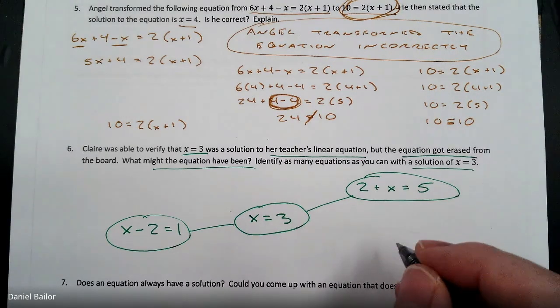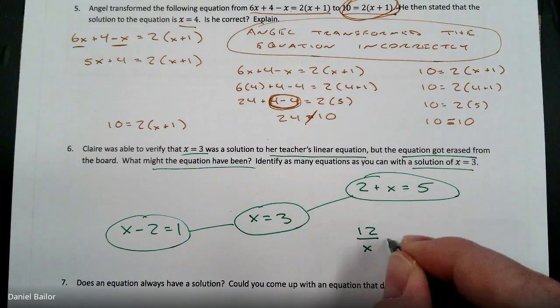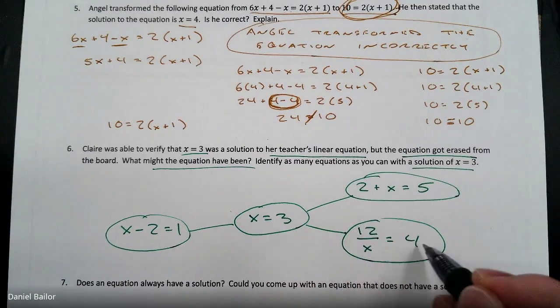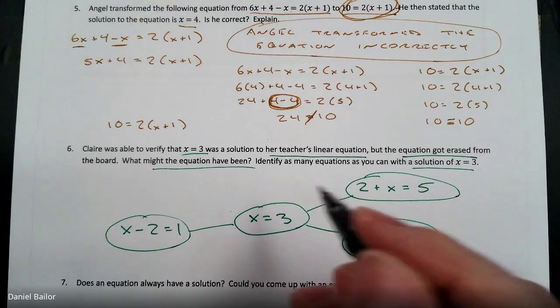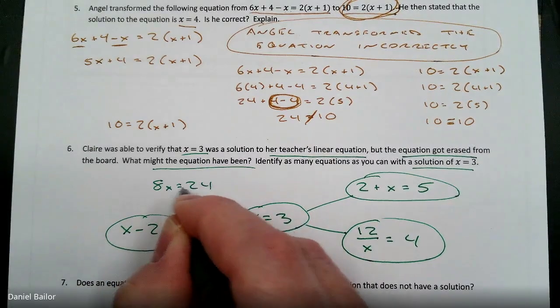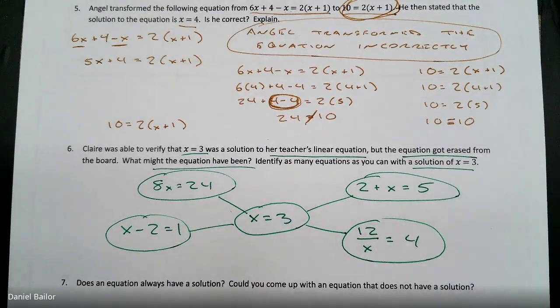You can say 12 divided by x equals 4. That also works because 12 divided by 3 makes 4. You could say 8x equals 24 because 8 times 3 makes 24. Those are just 4 examples.